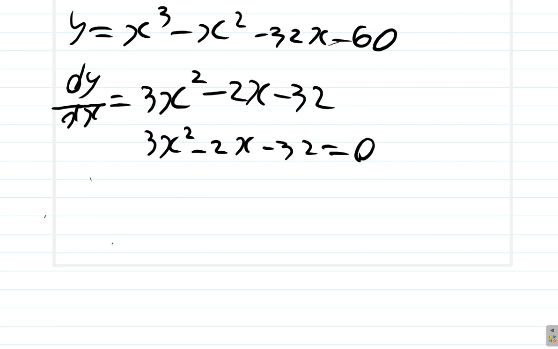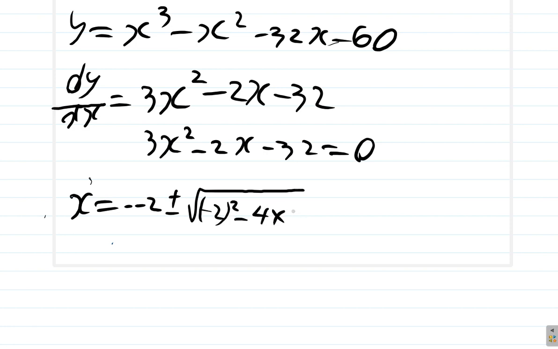Let's use a formula. It would be x equals negative b. In this case, b is negative 2, so it's negative negative 2, plus or minus the square root of b squared, which is negative 2 squared, minus 4 times a.